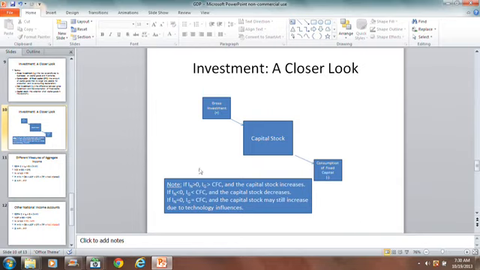For example, if gross investment is greater than the CFC, then you're adding more new stuff to the capital stock than stuff that's wearing out. And so when that is true, net investment is positive. So net investment is positive when gross investment is greater than the CFC.